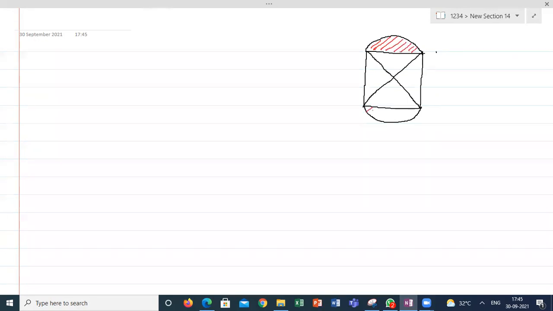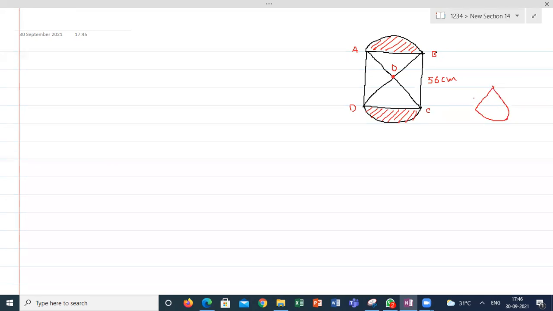This area only I want. I'm giving the dimensions. This is O, A, B, C, D, and this is 56 centimeter. I didn't give the angle here. If I take OACD, it will be a sector, but I didn't give the angle.